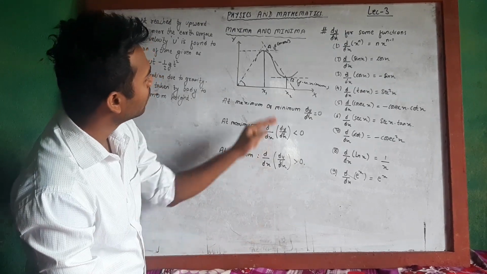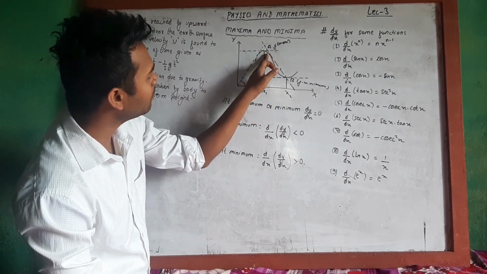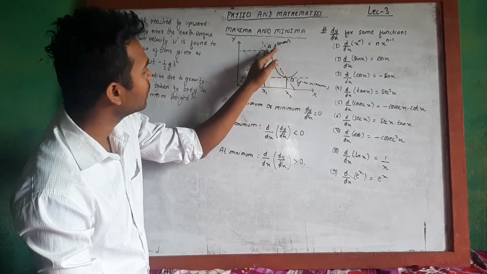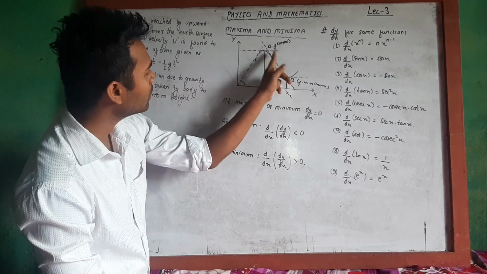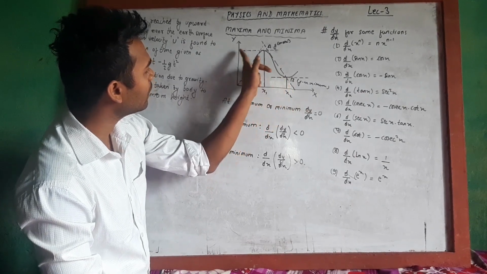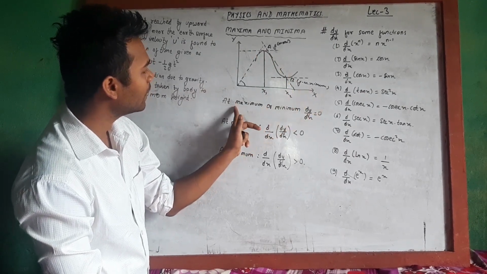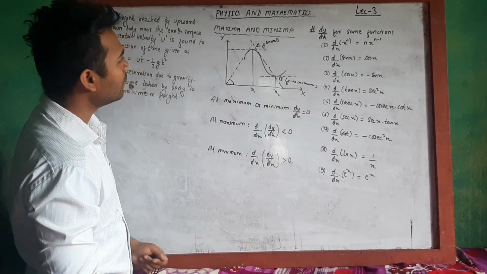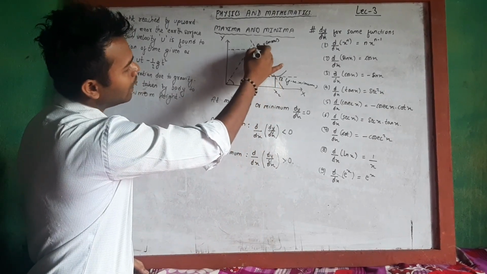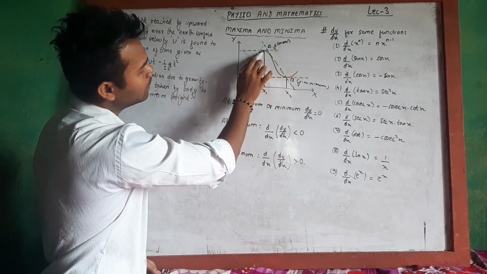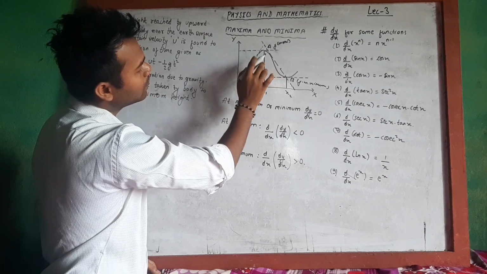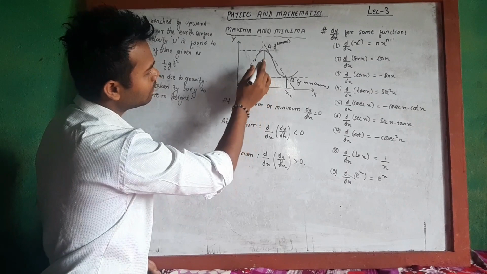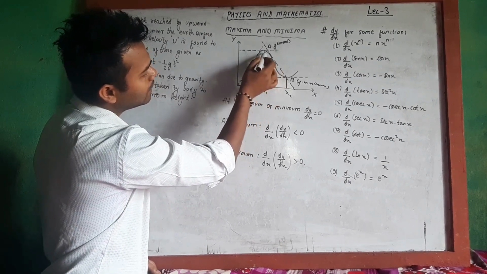Here we can see at maximum and minimum the rate of change can be found by the slope of the tangent, and if we draw the tangent there, it will be parallel to the x-axis, and therefore at maximum or minimum dy by dx is equal to 0. Just after the maximum point, if we take the derivative, then the derivative will be negative, because as x increases y decreases.